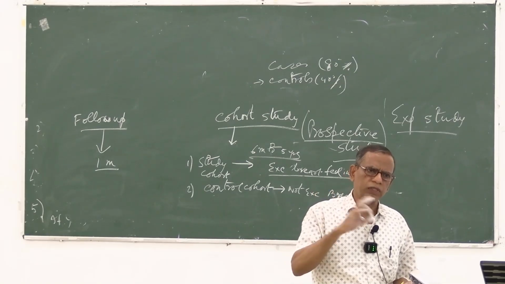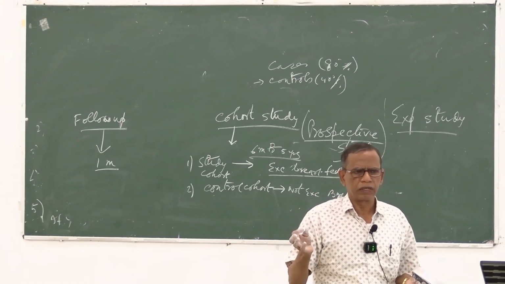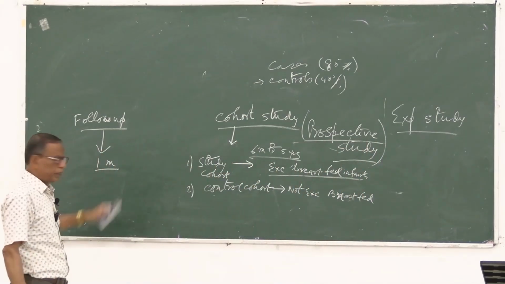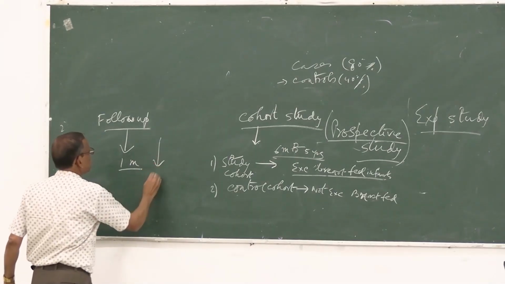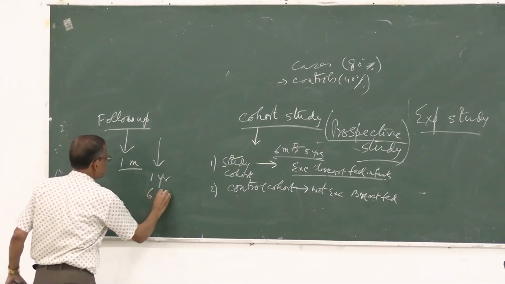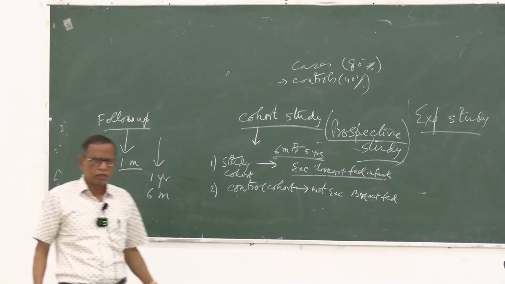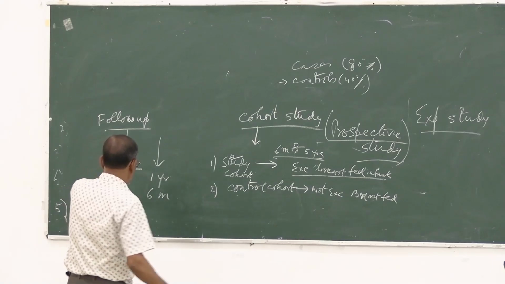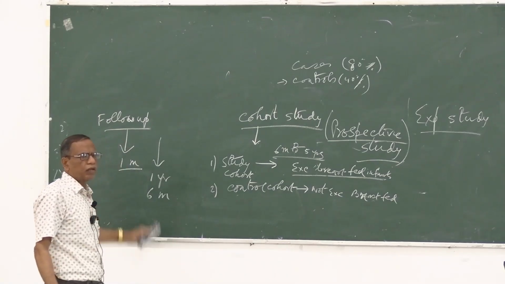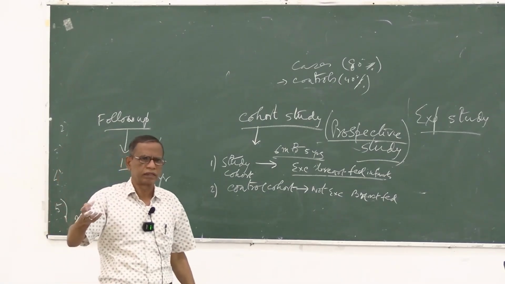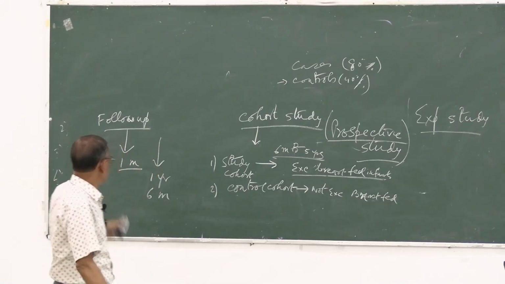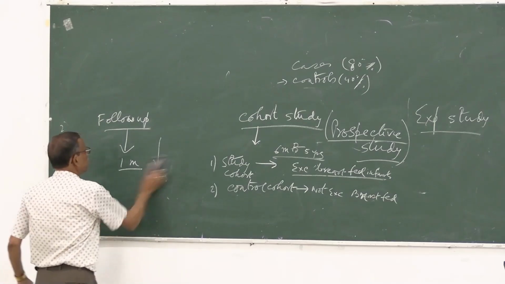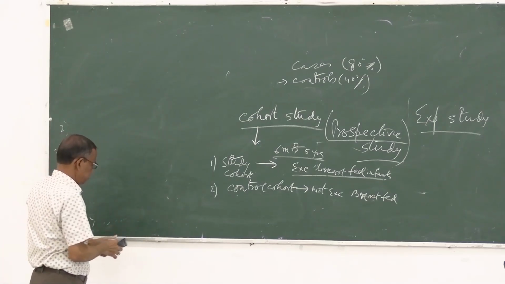So, among both the study cohort and control cohort, you will do follow up at an interval of 1 month, and you continue this follow up up to say 1 year or up to 6 months. According to your feasibility, you can do follow up for either 1 year or 6 months, or even more than that, 2 years, 3 years, 5 years. So, you do regular follow up, and after that you will do analysis of data.